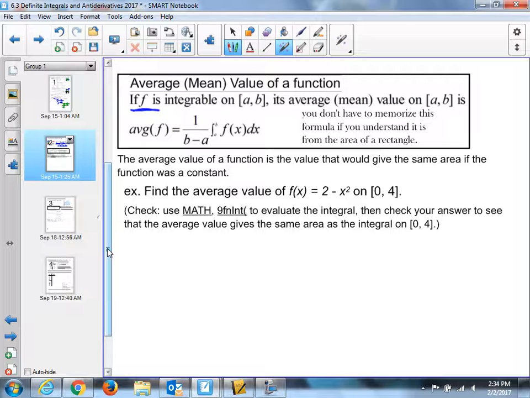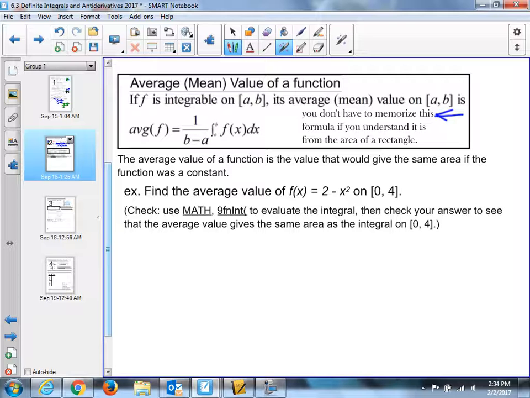If it does have breaks, maybe a point break, but no infinite discontinuities, you can take the integral of it. Its average or mean value on the interval from a to b is 1 over (b minus a), then do the integral times that. Now, that looks like a tricky formula to memorize, but you really don't have to.